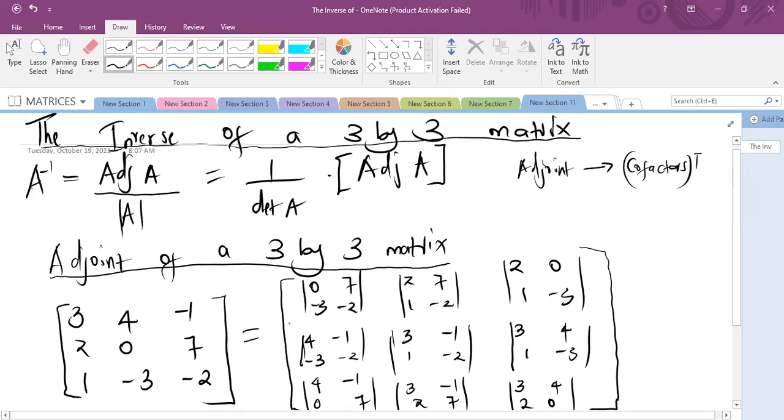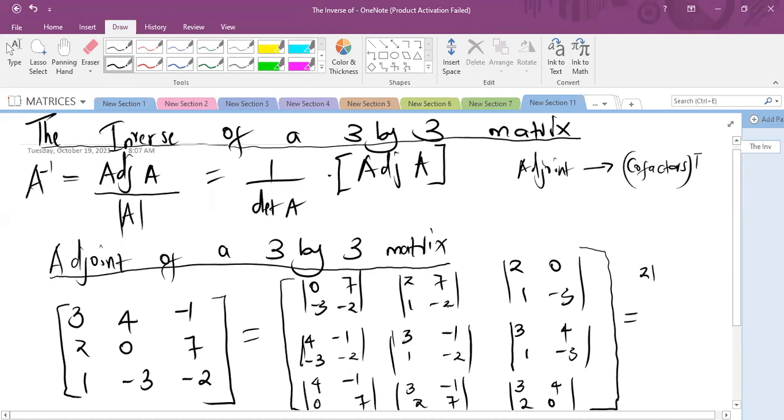So guys, evaluating these values here is what will give us the cofactors. For example, if you want to evaluate this, this is 0 minus 21, so that will be positive 21.